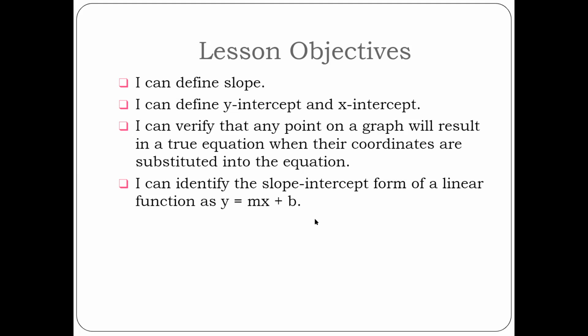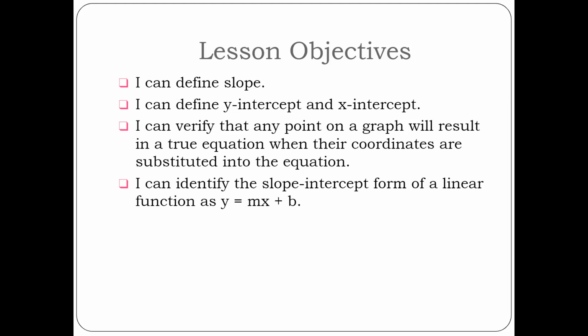Slope-intercept. The reason it's called slope-intercept is through the letter m. m represents the slope. So in any of these equations, when you see the letter m, you know it's talking about slope. The letter b represents the y-intercept.